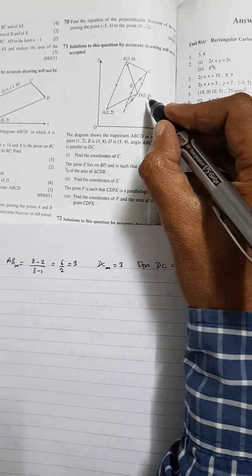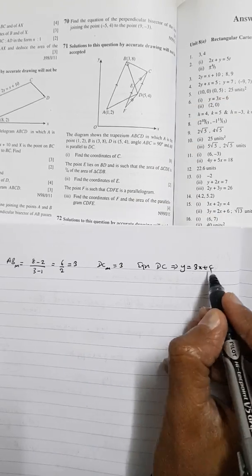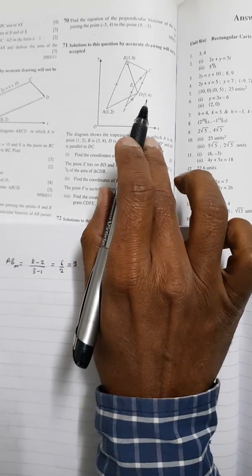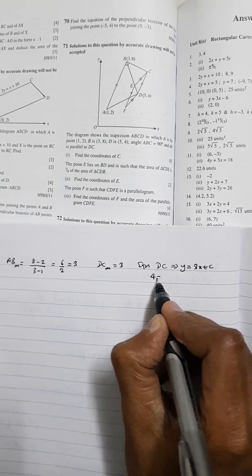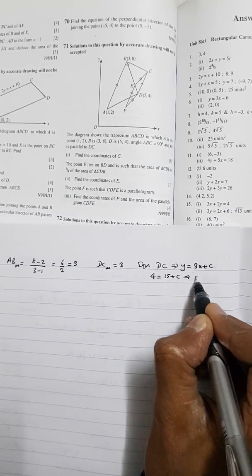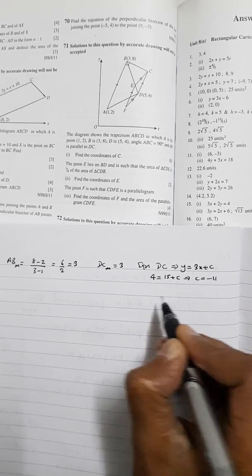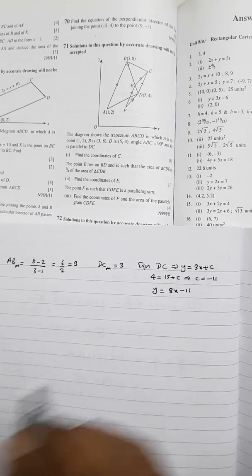There's a point here, (5, 4), that can be substituted to find the value of c. 4 is y, so 4 equals 3 times 5, which is 15, plus c, and then c turns out to be minus 11. So the equation is y equals 3x minus 11.